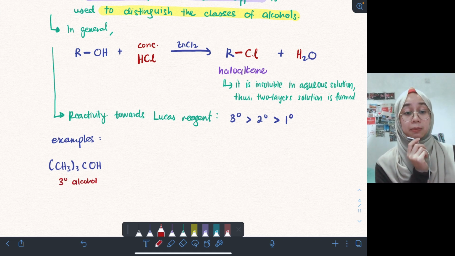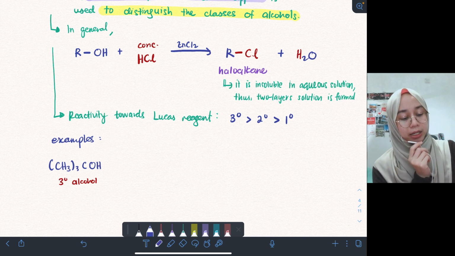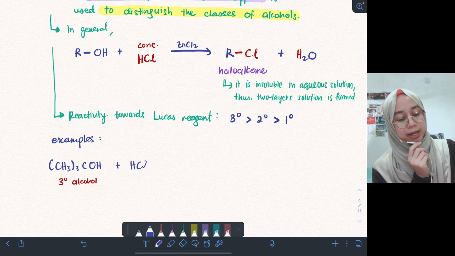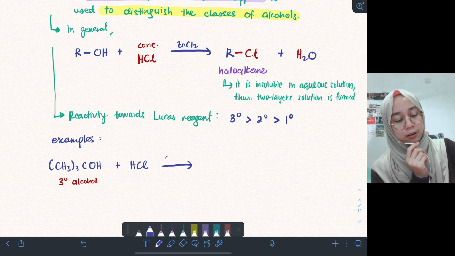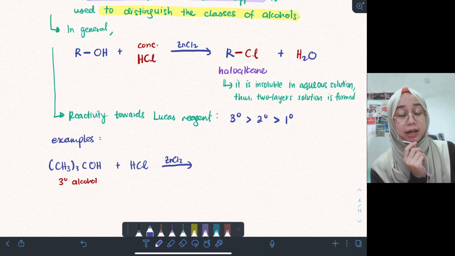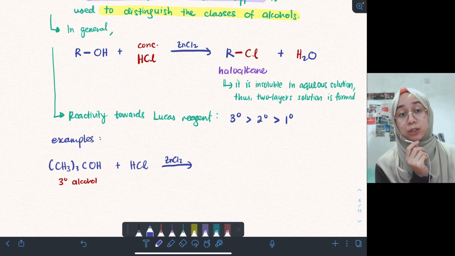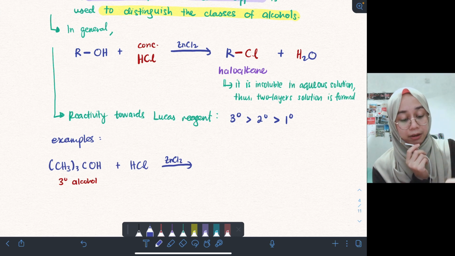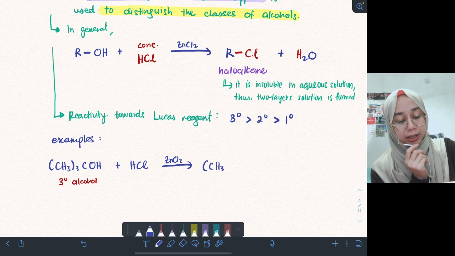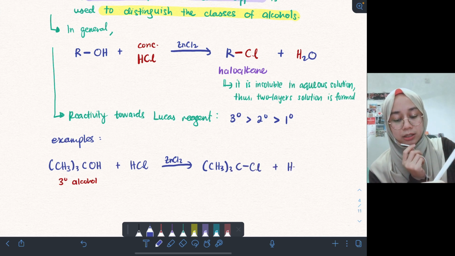Kalau siapa yang tak nampak, kamu boleh expandkan. Jadi yang ni nanti bila dia react dengan HCl with the presence of zinc chloride, therefore just substitute the OH with Cl. Okay, salin balik everything except for OH, kamu kasih ganti dengan Cl, and the side product is water.